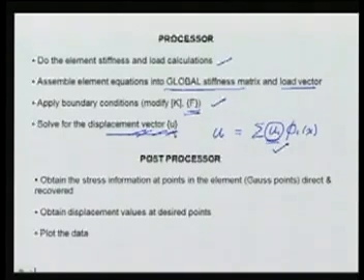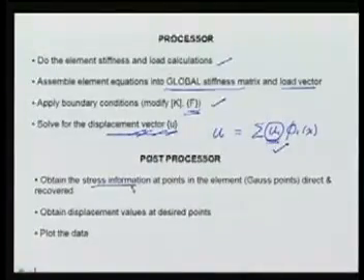In fact, the post-processor is the most colorful part of the whole program, but it doesn't do too much. The bulk has already been done. So, in the post-processor, what we would like is to obtain stress information at points in the elements. Good points are the so-called Gauss points, which are the integration points.